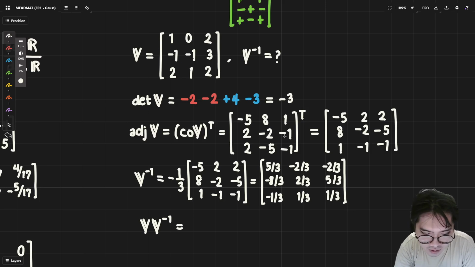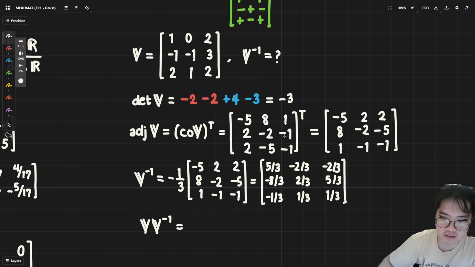So mode 7, I'll create a new matrix in here. 1, 0, 2, negative 1, negative 1, 3, 2, 1, 2. I will now ask the calculator what is the inverse, just to see if we got it right. Inverse of matrix A.